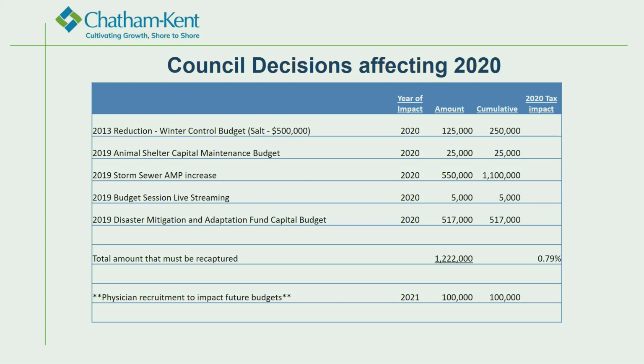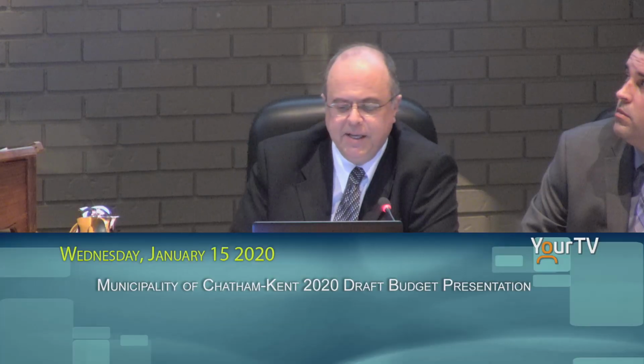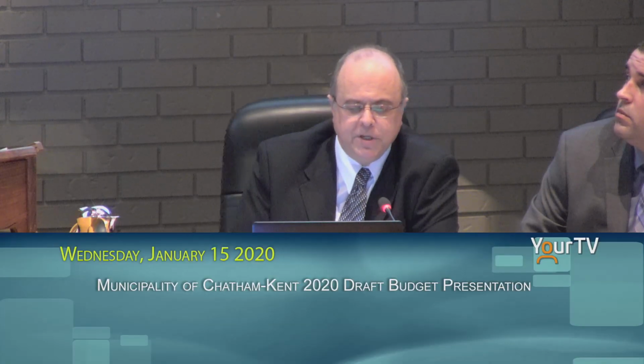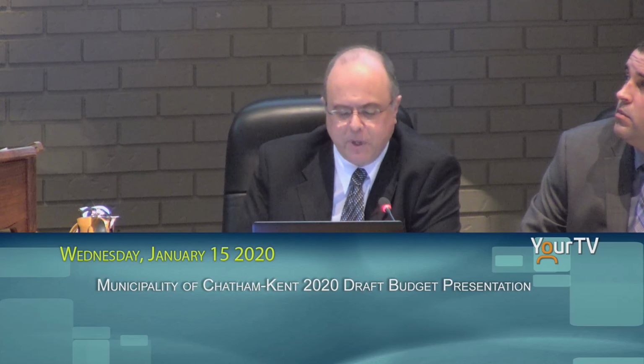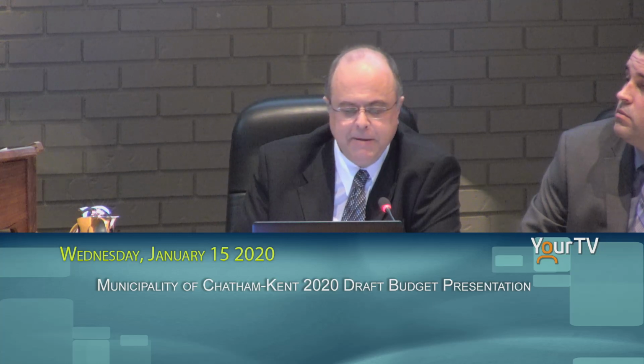We thank our partners at Your TV for being agreeable to come to each day of the budget committee meeting deliberations to broadcast that, and the disaster mitigation fund. So overall, that's a 0.79% or $1,222,000 that we need to come up with right off the bat for the decisions that we've already made.